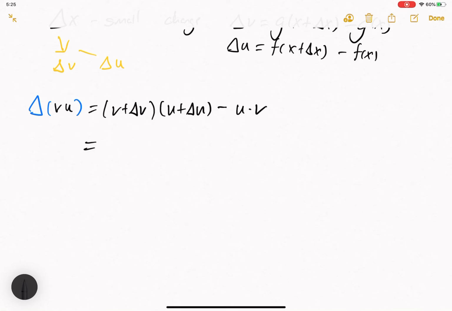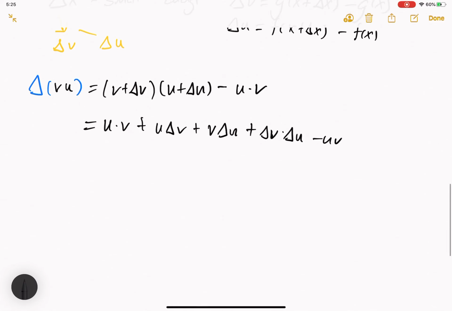And we can multiply this out to get u times v plus u delta v plus v delta u, then plus delta v times delta u, minus uv. You might immediately see that here we have u times v minus u times v, which is 0.